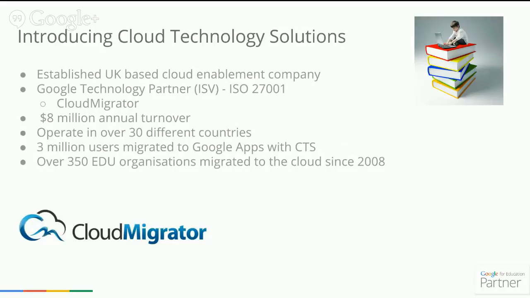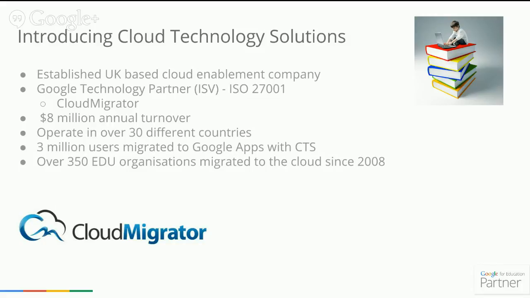We have an annual turnover of around $8 million US dollars, and we operate globally in just over 30 countries. More significantly, we've actually migrated over 3 million individual users over to Google Apps using our migration tool, Cloud Migrator. And making up some of those 3 million users are just over 350 educational organizations that have moved to the cloud using Cloud Migrator.